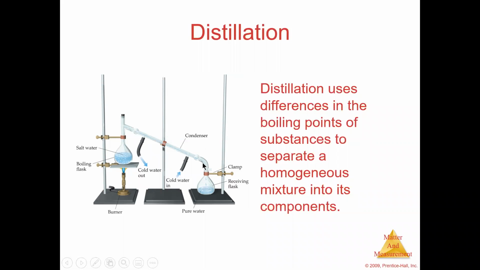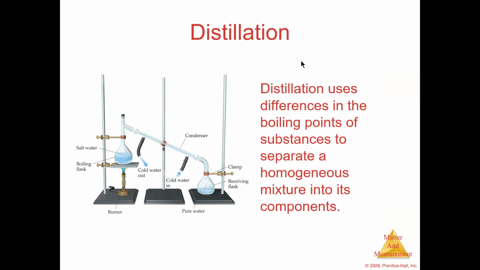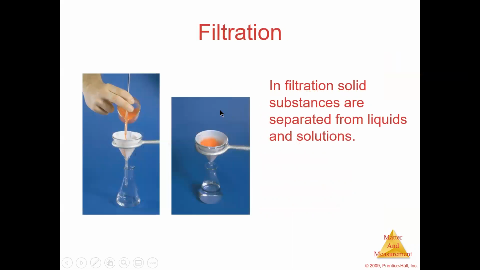So this is one reason why, when we talk about water shortages, desalinization is not necessarily the answer, because if we want to heat up all that salt water and get fresh water to drink, we've got to use a lot of fossil fuels. So the only places that are really practically doing distillation like this for fresh water are places in the Middle East where they have an excessive amount of fossil fuels. Just FYI.